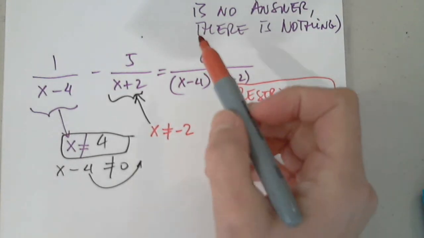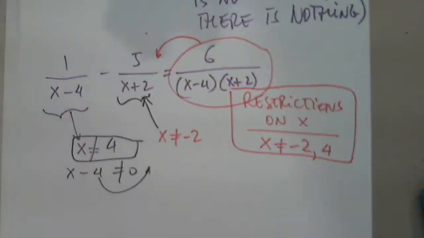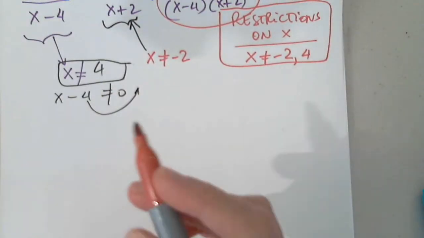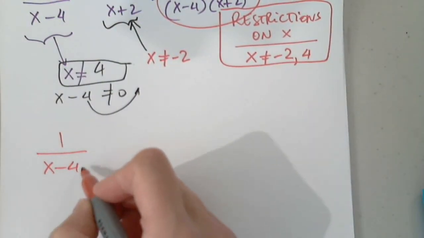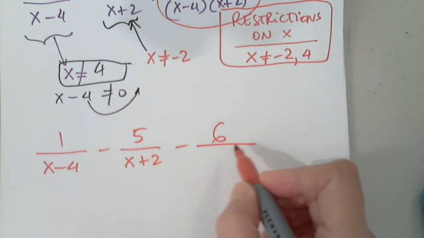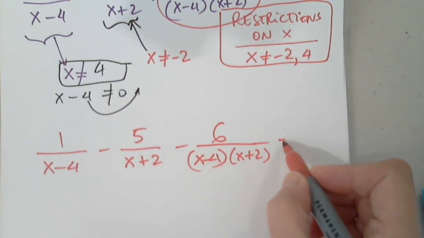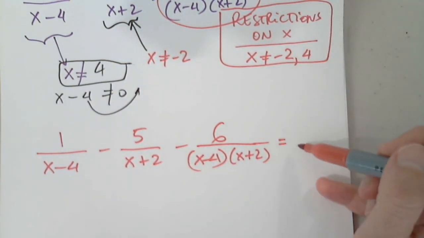My next step is I will move this term to the other side. I can move terms anywhere I want. So 1 over x minus 4 minus 5 over x plus 2 minus 6 over x minus 4 x plus 2 equals. What is left on this side?